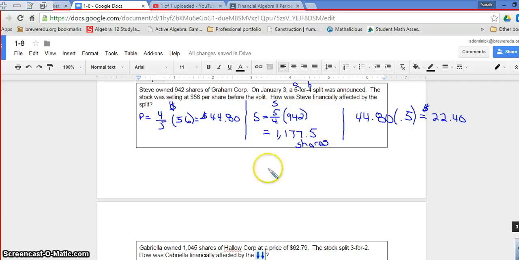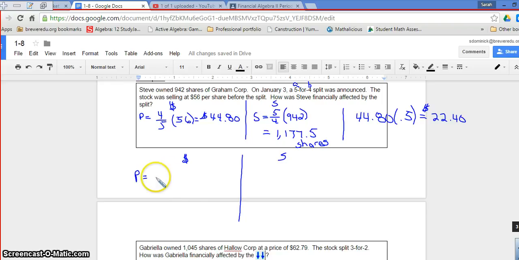Okay, last one. Gabriella owned that many shares of this company. The stock split 3 for 2. How was she affected? I'm going to do it here so it goes quickly. I'll do the same thing. I'll do money here, and I'll do shares here, with the same formula.